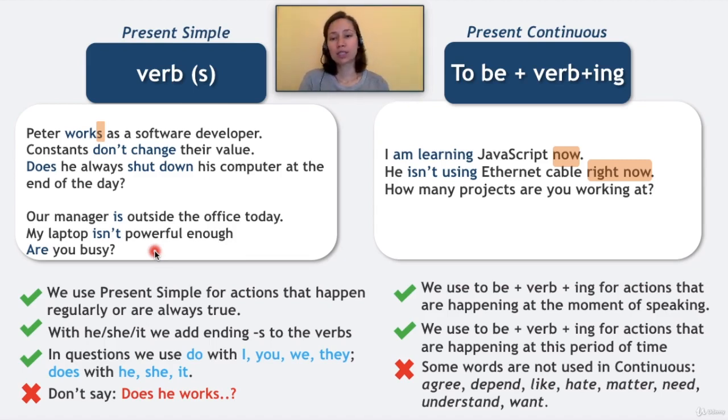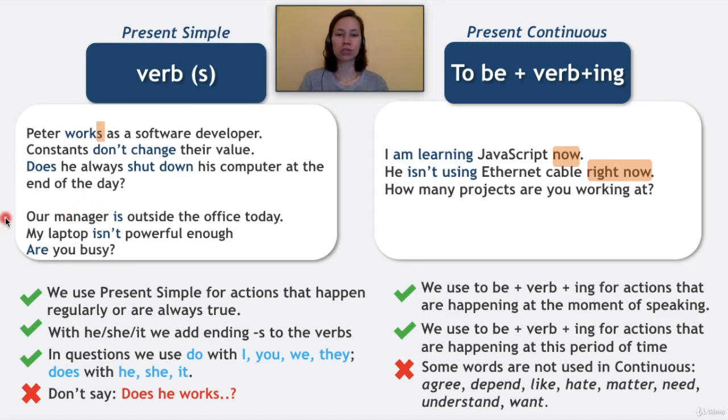But pay attention that when we have the verb to be, which changes to is, am, are, right? We don't add anything to this verb, right? So we just change to be into its form.